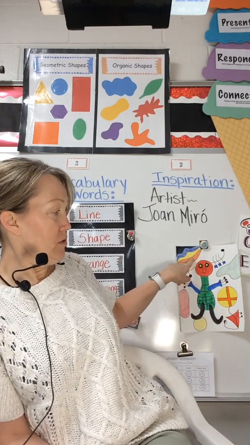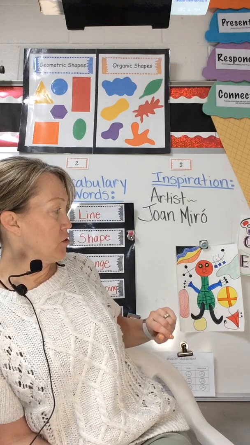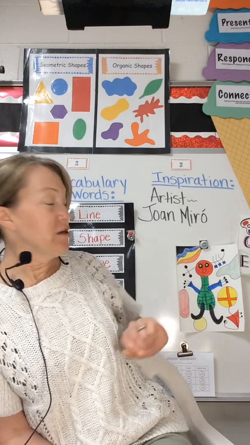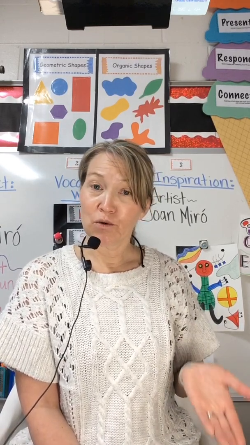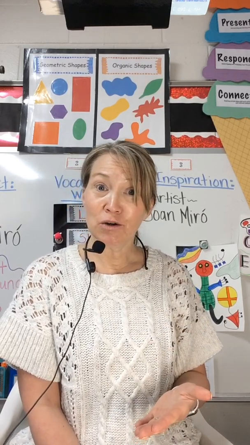Now, I used a little bit of colored pencil too. So it's going to be your creative choice. If you want to add some colored pencil, you can even add crayon. Really, any of them would be wonderful for this project. And if you want to draw it first with pencil and then trace with Sharpie, you can do that too. That is your creative choice.